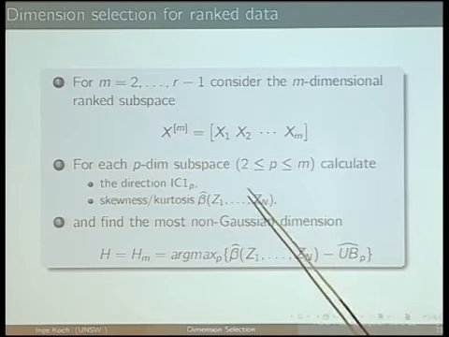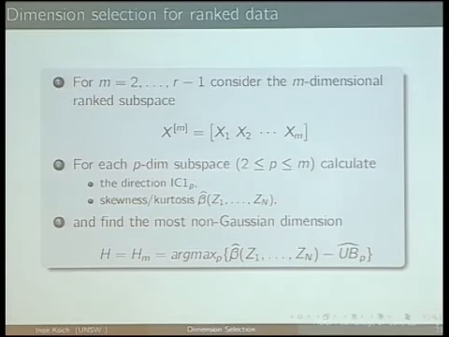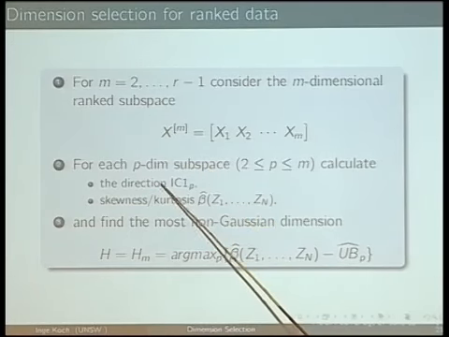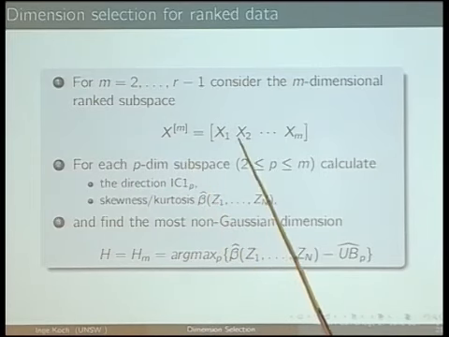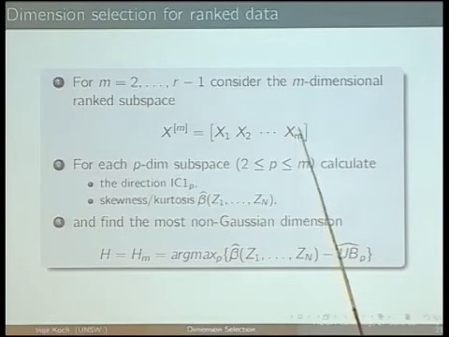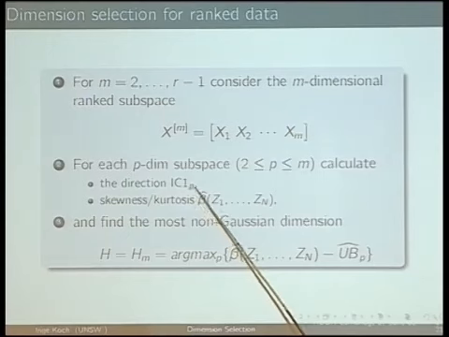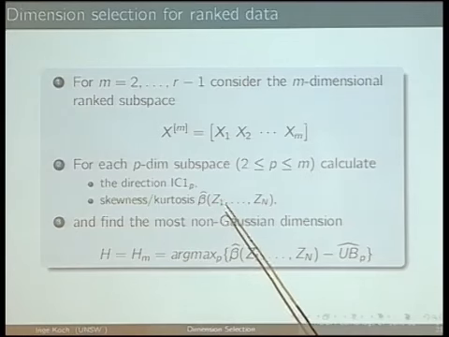And m, of course, goes up to the rank of the data. The rank of the data is R, and we tend to stop a little bit before because we don't actually want to use all the data. So for this xm subspace, we then look at p-dimensional subspaces of xm. In other words, we start with x2, x3, and so on. For these p-dimensional subspaces, we calculate our best direction, which is our alpha in the kurtosis.